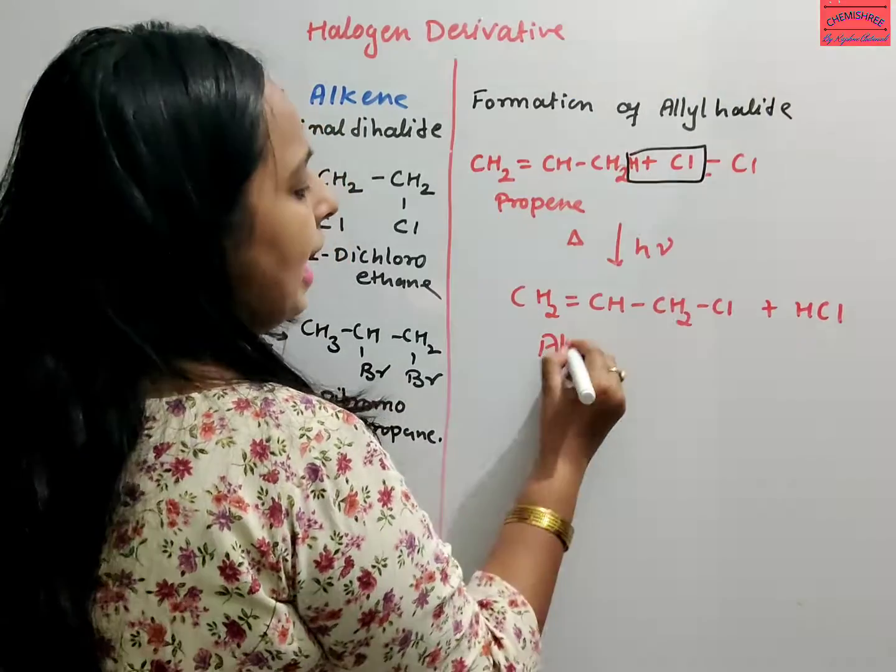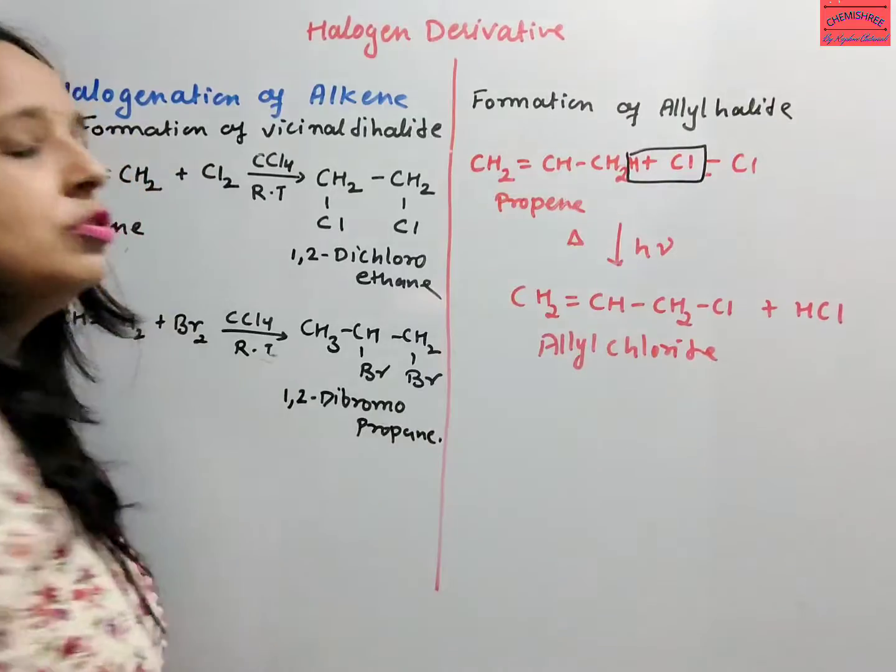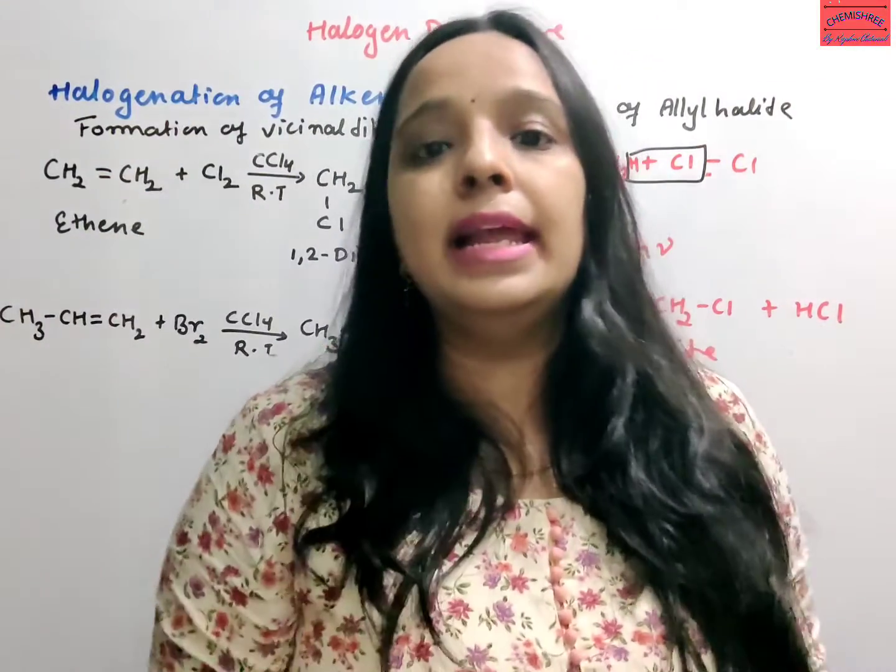So you will get allyl chloride. The hydrogen is being removed from allylic carbon atom.